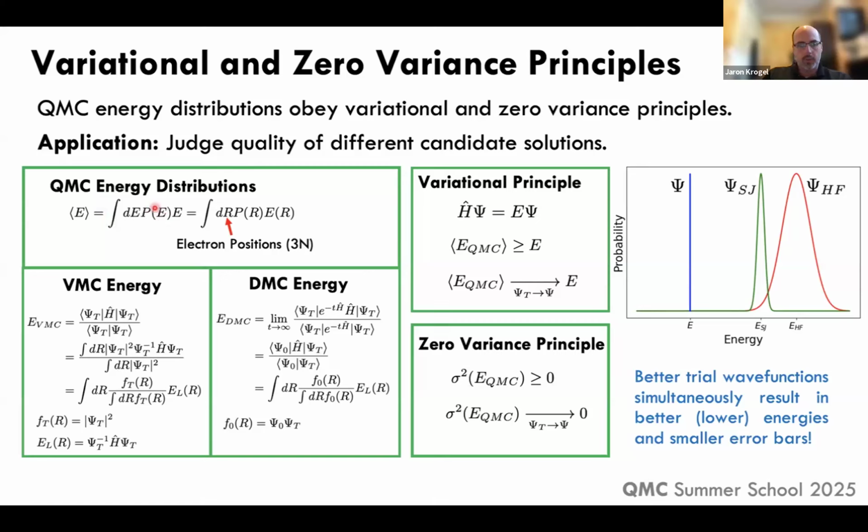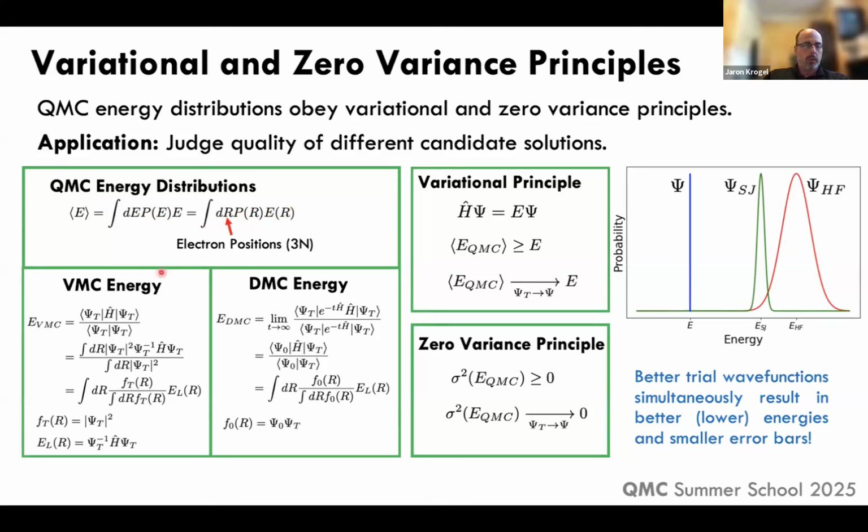You can think of this as an integral over a probability distribution of energies, but in practice, they're evaluated as an integral over electron positions, the 3n electron positions in real space, where you now have a probability distribution of those electron configurations in real space and some energy function.